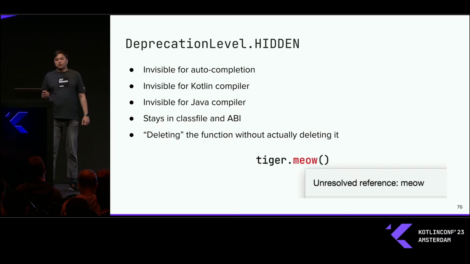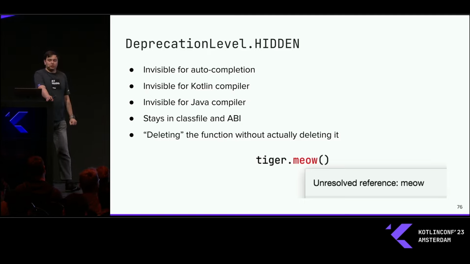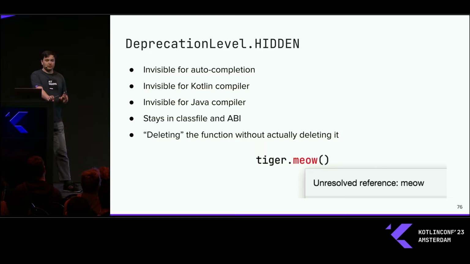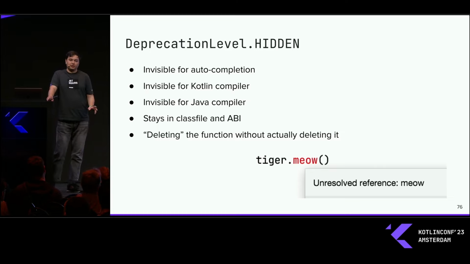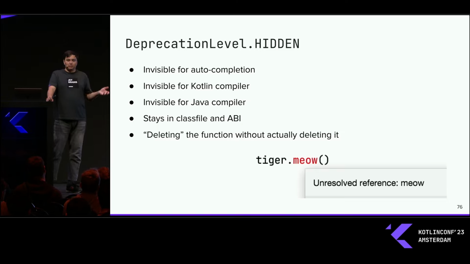However, there's also a third deprecation level called hidden, and it is very interesting. When you mark your declaration with deprecation level hidden, it becomes almost invisible. It is invisible for auto-completion, it is invisible for Kotlin and Java compilers, but it stays in the class file and the ABI of your library.